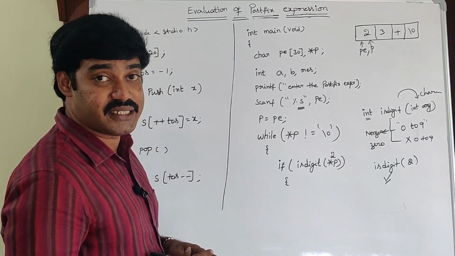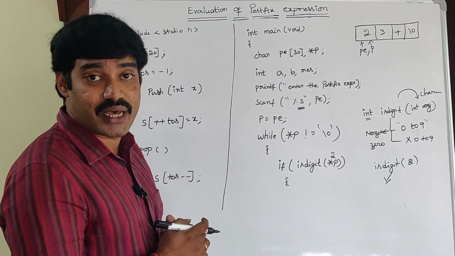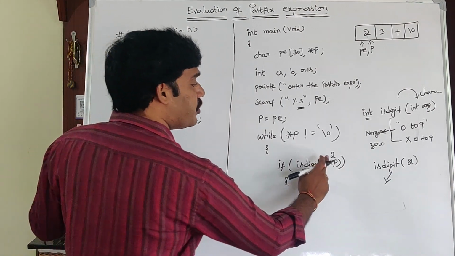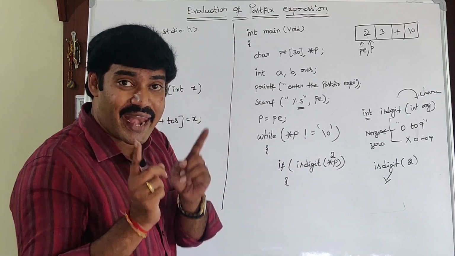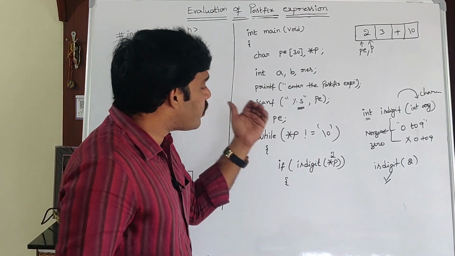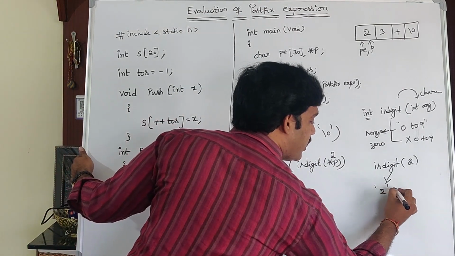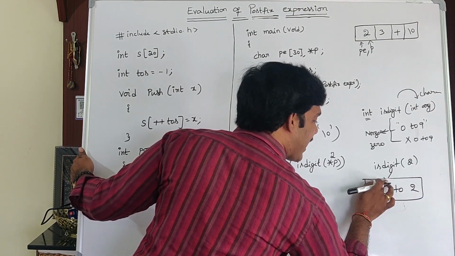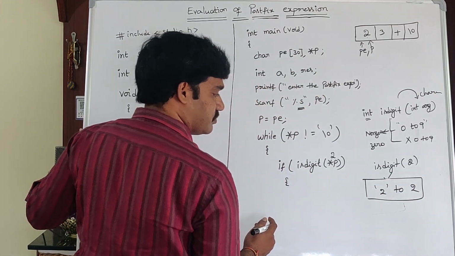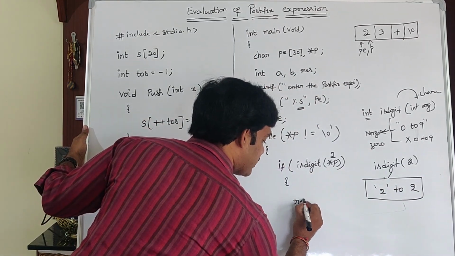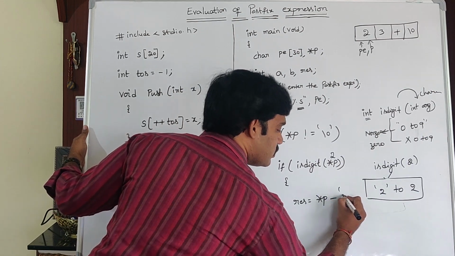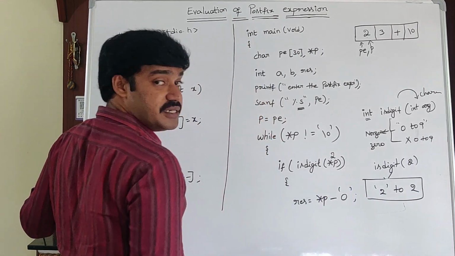But the important thing is, before pushing the operand into the stack, convert it into digit form. Here 2 is not a digit, 2 is a character constant. So how to convert the character constant 2 to the digit 2? This is the important one. How to convert the character constant into the digit? For that purpose, result = *p - '0'.